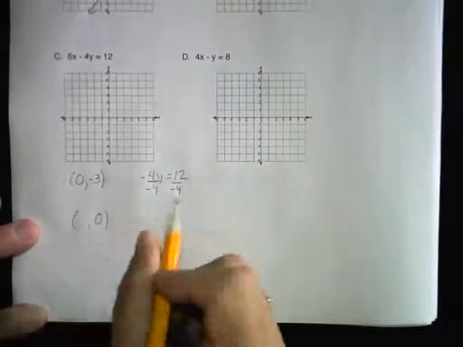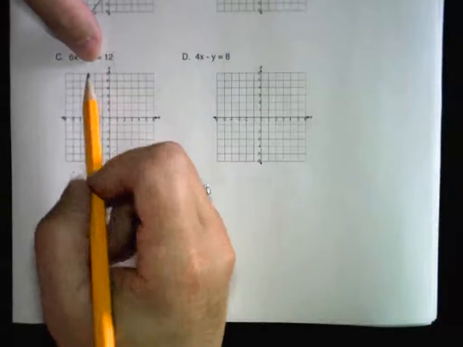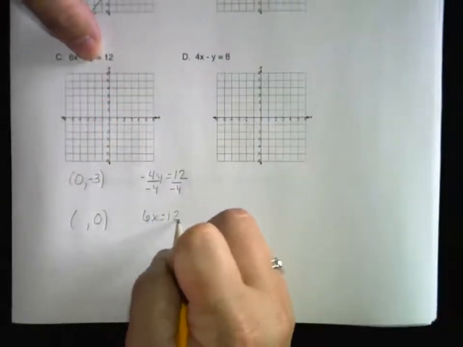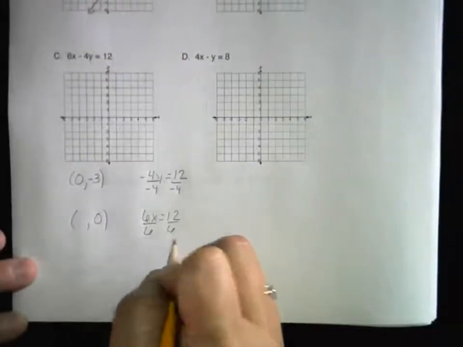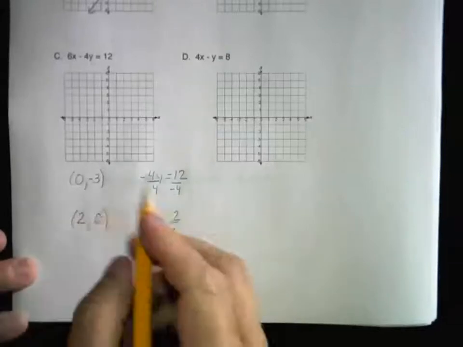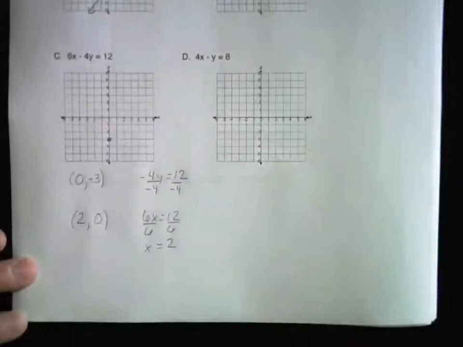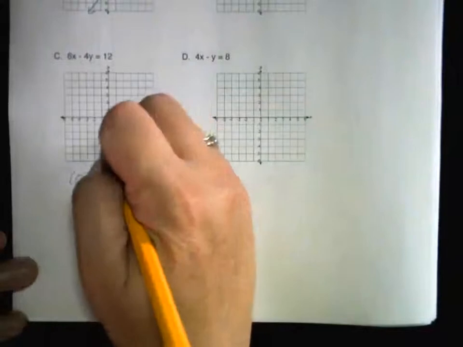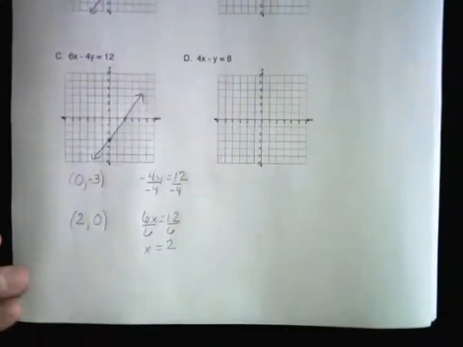If we let y be 0, that's our second number, 4 times 0 is 0, so that cancels out, and you have 6x equals 12. Dividing both sides by 6, x then equals 2. So we have (0, -3) and then (2, 0), and your line goes like that.